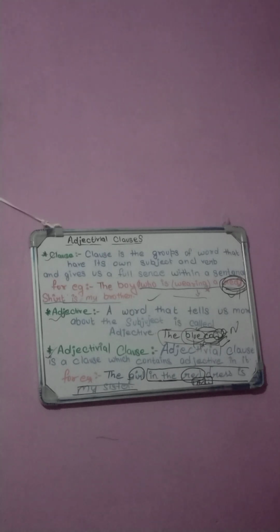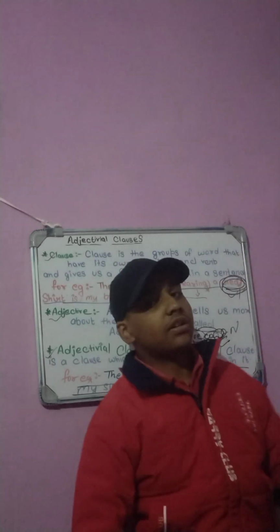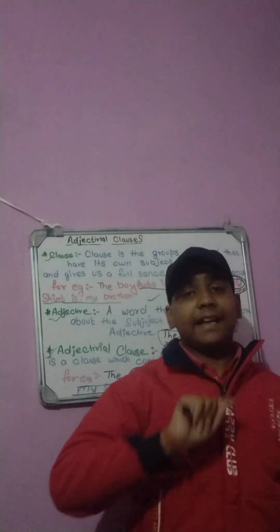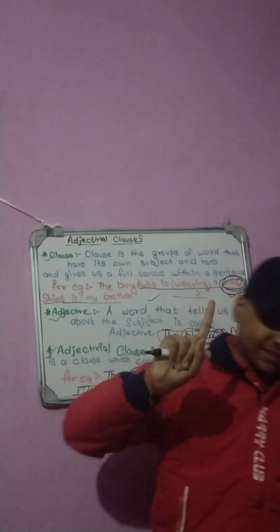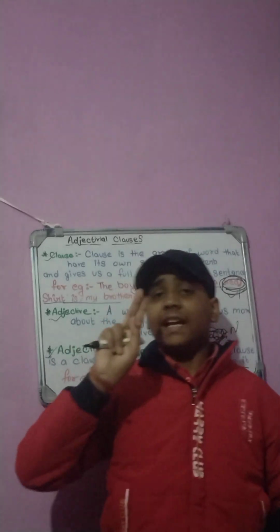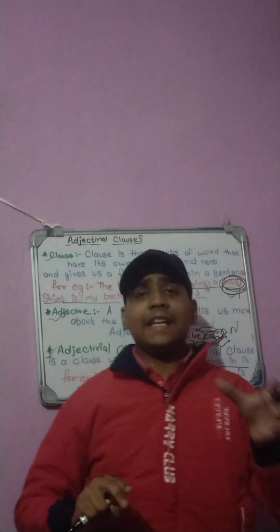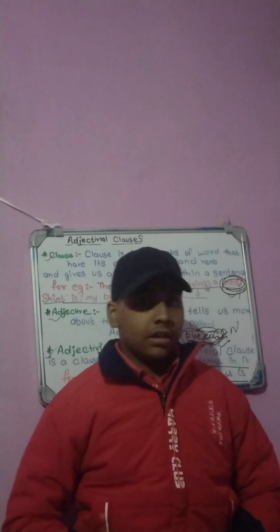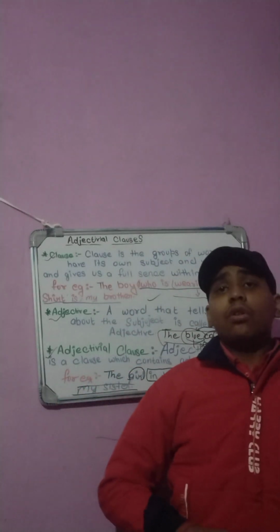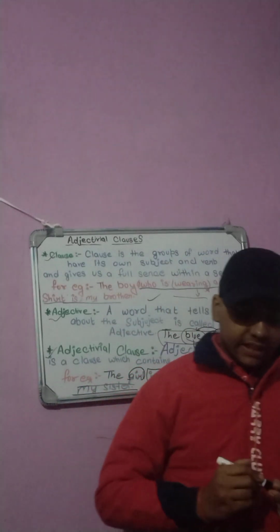Now there are mainly two types of adjectival clause. One is the defining adjectival clause, and the second one is the non-defining adjectival clause. So what is a defining adjectival clause?